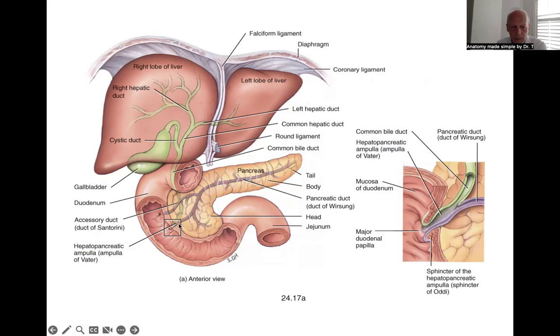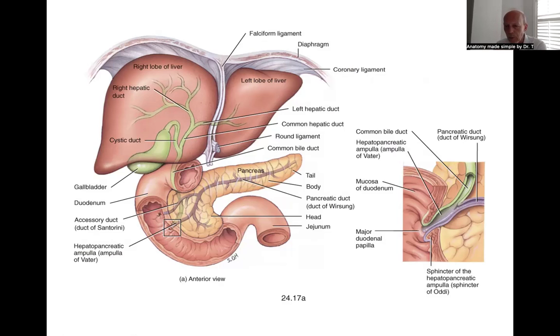However, this little square that you can see is actually the same area being enlarged on the right side of the screen, because there is a moment of surprise. The main pancreatic duct of Wirsung, before reaching the major duodenal papilla, first has to merge with the common bile duct, which brings bile from the liver and gallbladder.